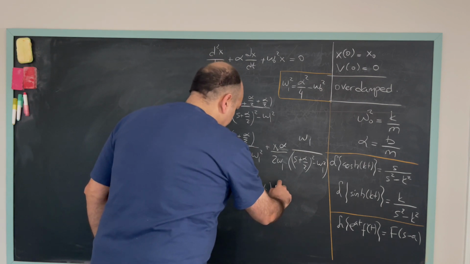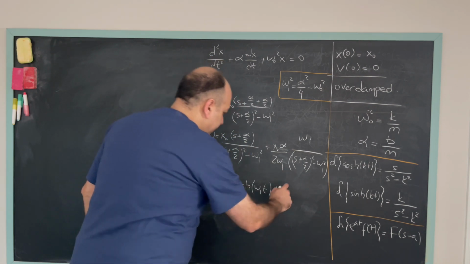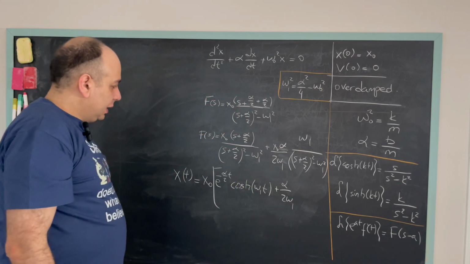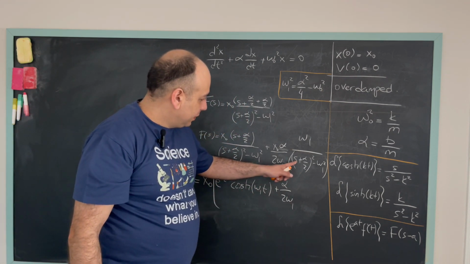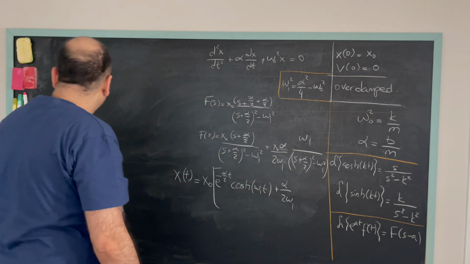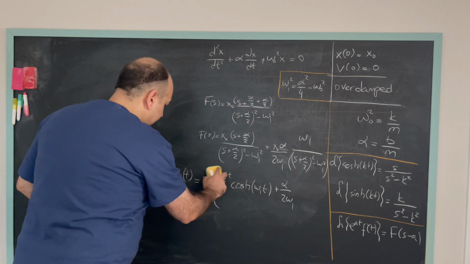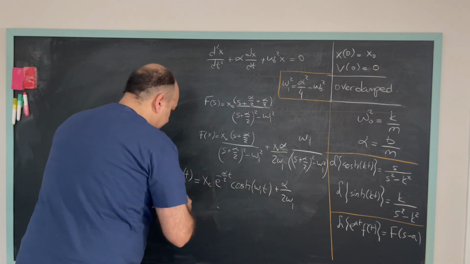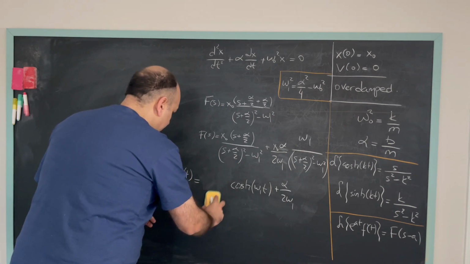Okay, and plus I will have alpha over 2 omega 1, and I will actually have the same frequency shift here. So I can take this e to the minus alpha over 2 t out. Let me write it down here one more time.